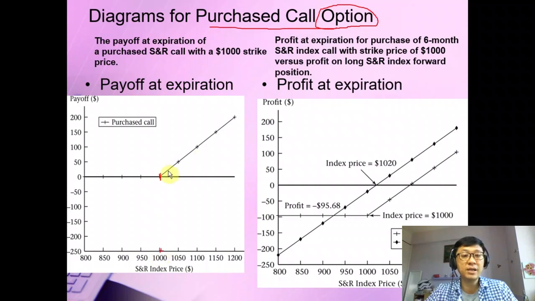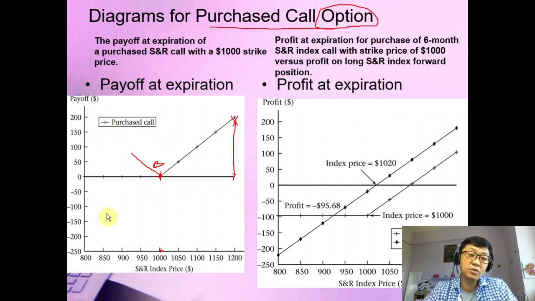If the market goes up to, let's say, 1,200, you can buy at 1,000 because you have the option to buy. You can exercise the option, buy at 1,000, and sell at 1,200, which gives you a $200 payoff. That's how easy.